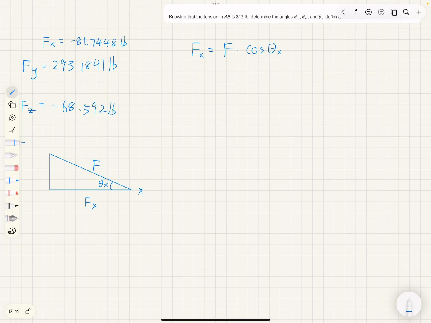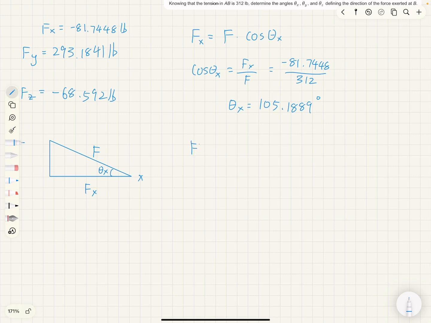Let's say this is the axis. So to find delta x, cosine delta x equals fx divided by f. Plug in the numbers, which is negative 81.7448 over 312. By doing the cosine inverse, we have delta x equals 105.1889 degrees.